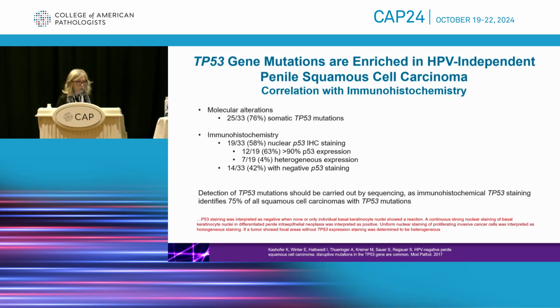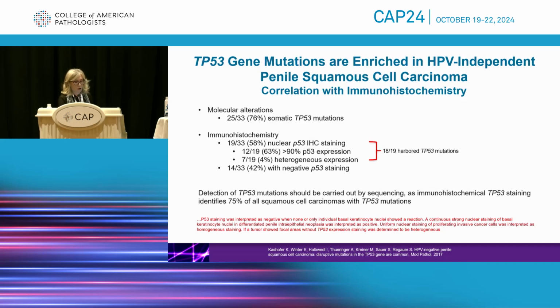Of the cases that were positive, 12 out of 19 had greater than 90% P53 expression, what we would consider overexpressed mutant, and 7 of 19 had, the paper talks about heterogeneous expression, so I would assume that they consider this wild type.